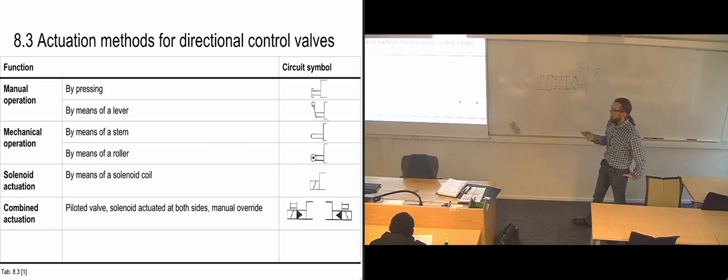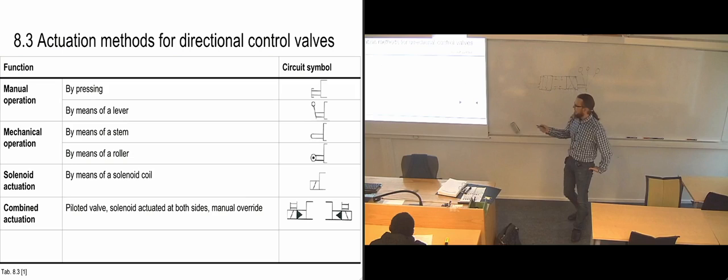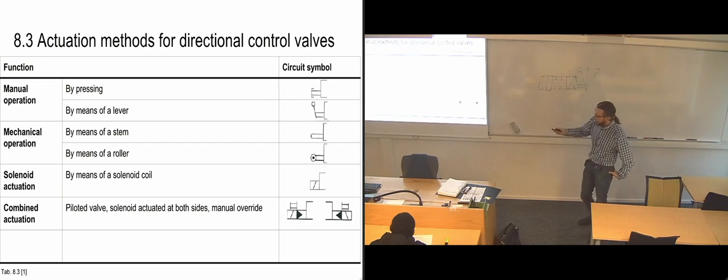And then you have combinations, like in this one where we have solenoid and it's pilot actuated, and we have manual overrides up top. So you can see that there's a push button placed in there, the same one as up here. And then we have the solenoid and we have the pilot actuated one. And in this case, they have the same effect on both sides for it.